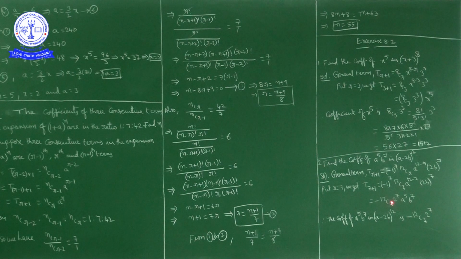So minus 12c7 into 2 power 7 into a power 5 into b power 7. So what is the coefficient of a power 5 b power 7? The coefficient of a power 5 b power 7 is minus 12c7 2 power 7. So the coefficient of a power 5 b power 7 in the expansion of a minus 2b power 12 is minus 12c7 2 power 7.